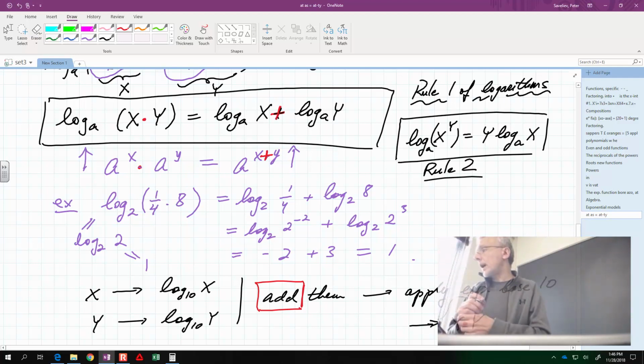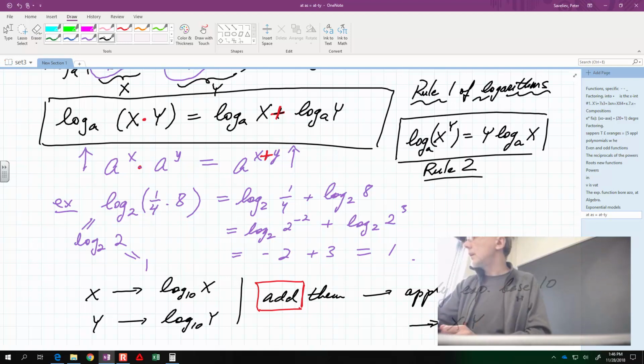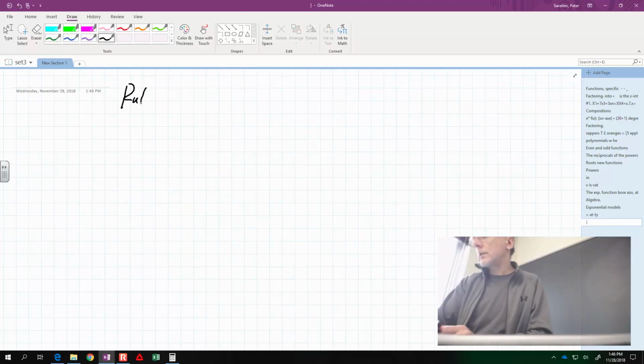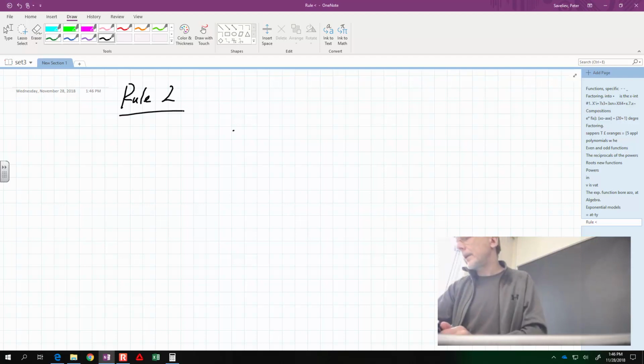Okay, so rule number 2 is actually sort of familiar.